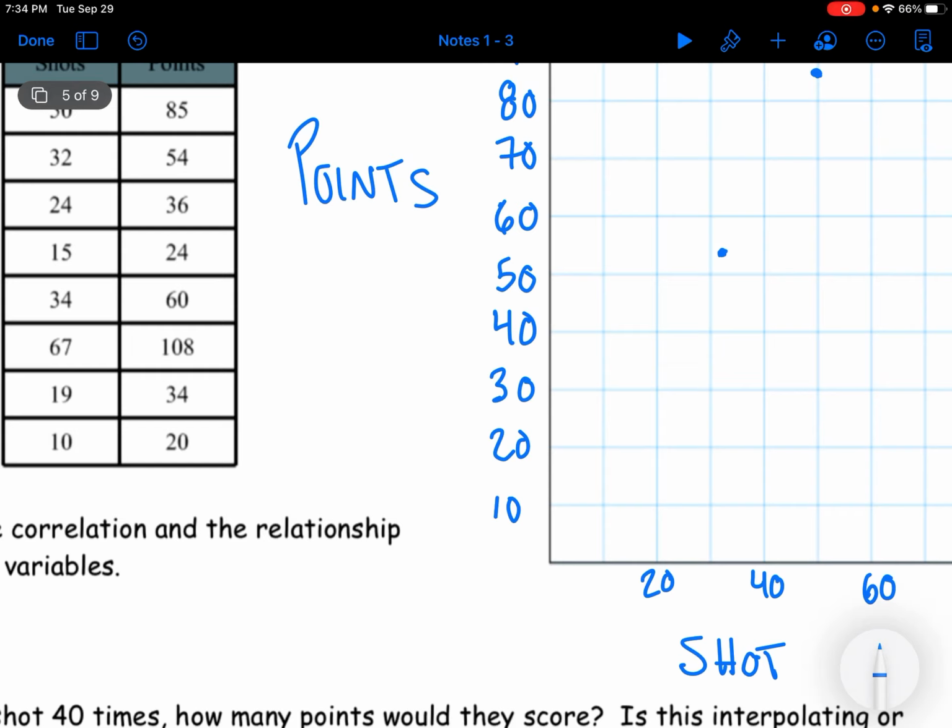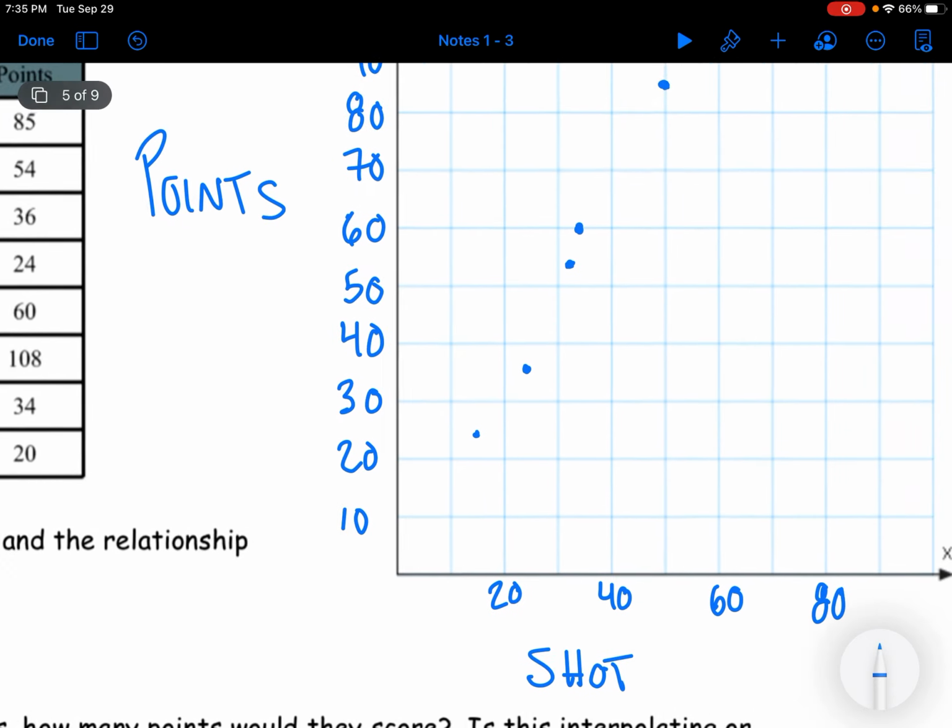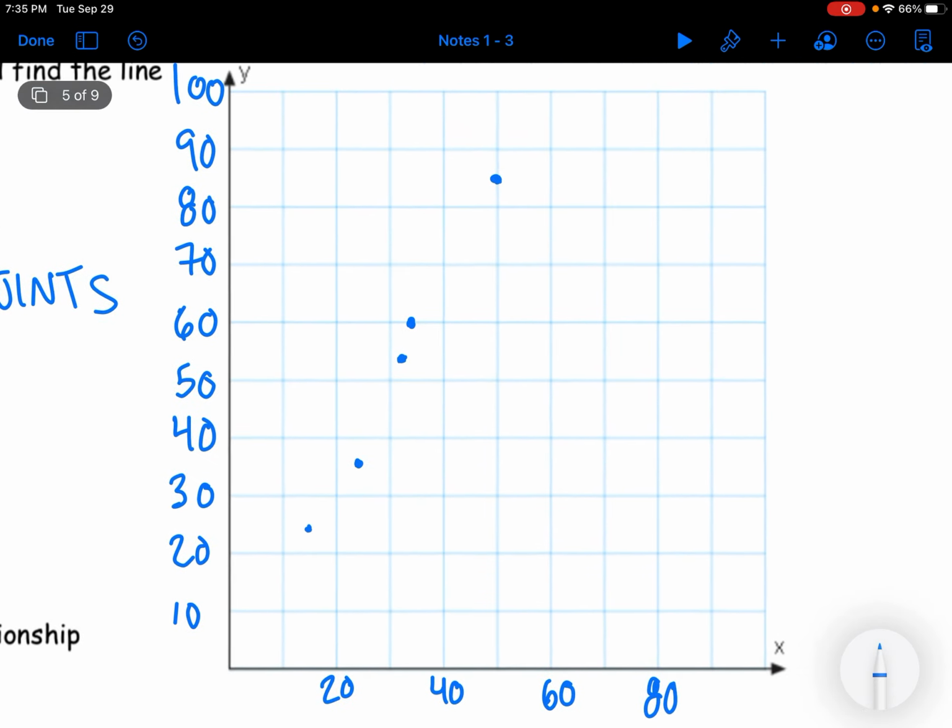So we've got 24 and 36, it's kind of right there. 15 and 24 would be kind of in there. 34 and 60 would be up in here. 67 and 108.